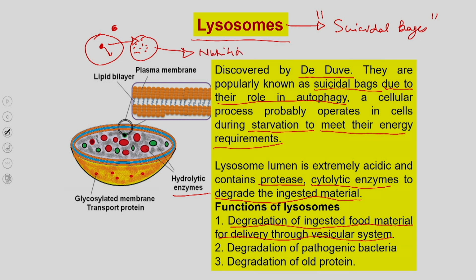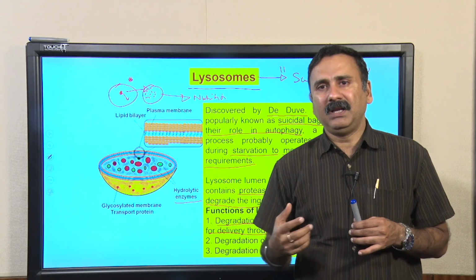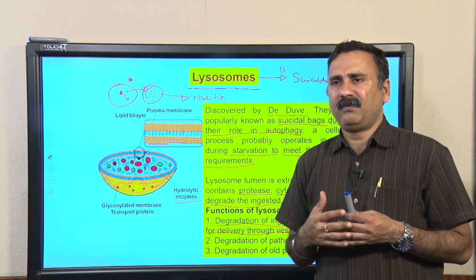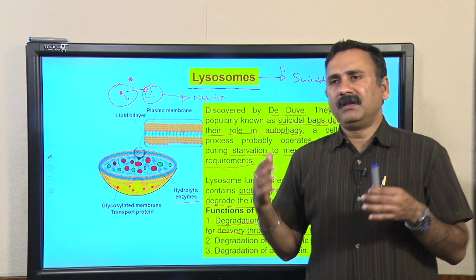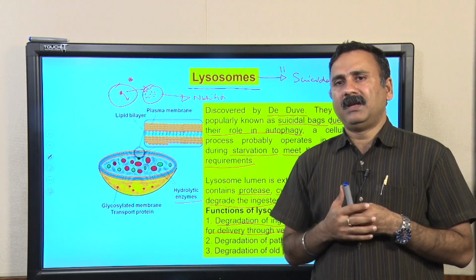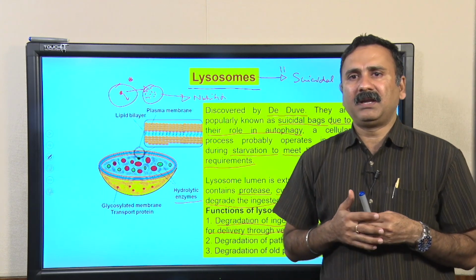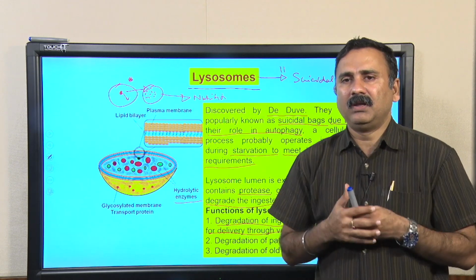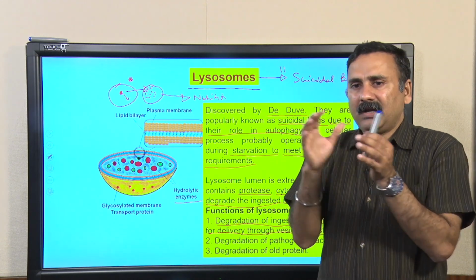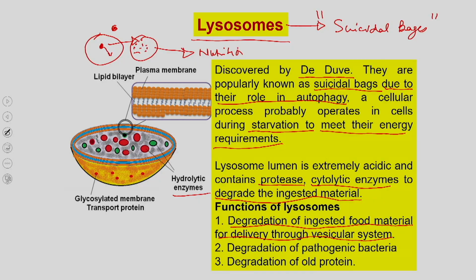On the other hand, it also degrades pathogenic bacteria. Similar to the food particles, if a cell has taken up bacteria, bacteria are also made up of biomolecules. Once the immune cells catch any bacteria, the bacteria are encapsulated in a double membrane structure.